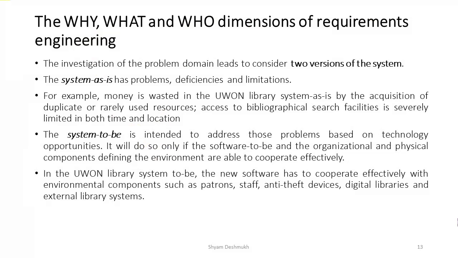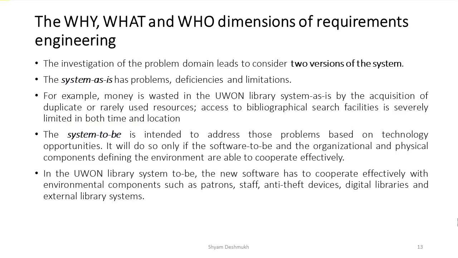The preceding case study description gives us a preliminary idea of the wide range of issues we need to consider in the requirements engineering process. The investigation of the problem domain leads us to consider two versions of the system. The first version is the system as is, and the second version is the system to be.